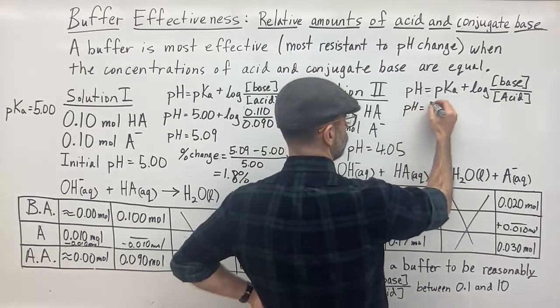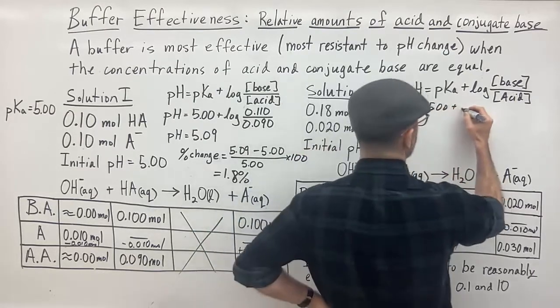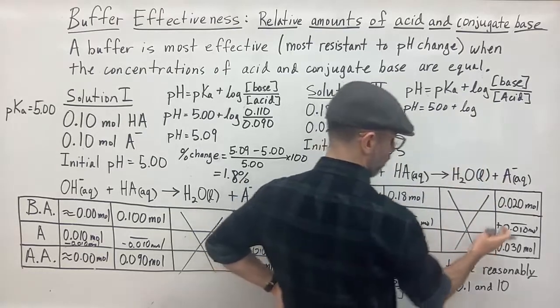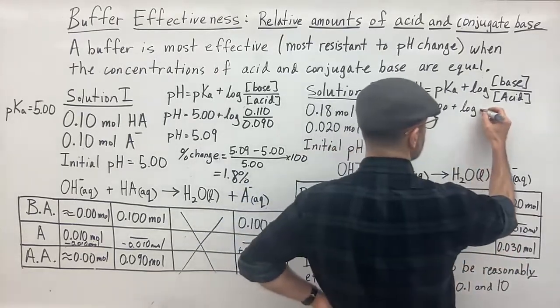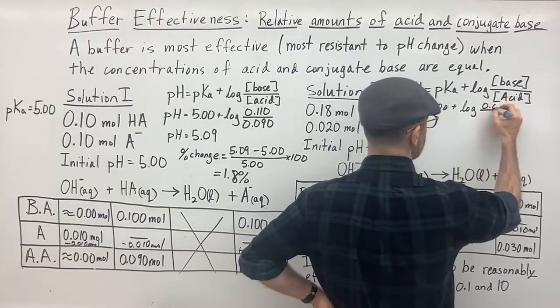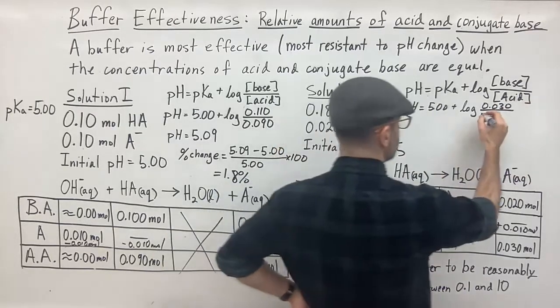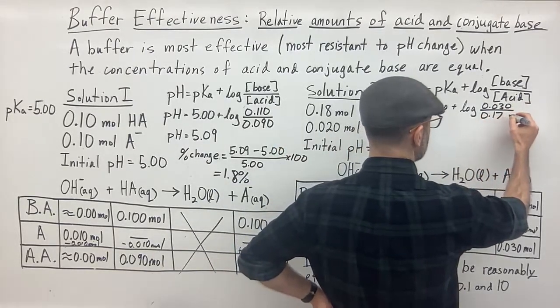So that's going to be equal to 5.00 plus the log of, again, we can put the moles in, 0.030 moles over 0.170.